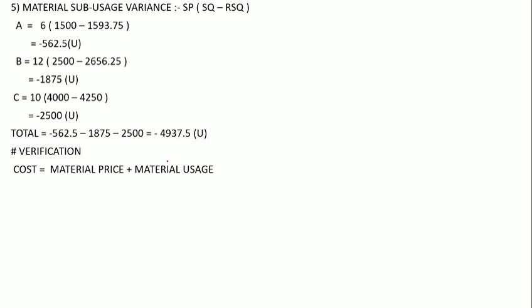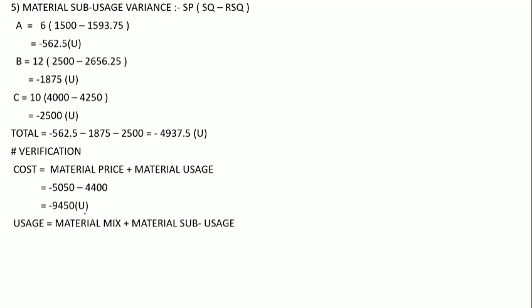For cost, material price plus material usage: the final answer for material price we calculated was minus 5050 and for material usage the total was minus 4400. So here the final answer is minus 9450. Now for usage, material mix plus material sub-usage. Put the values: material mix is 537.5 minus 937.5. So the final answer is minus 400.